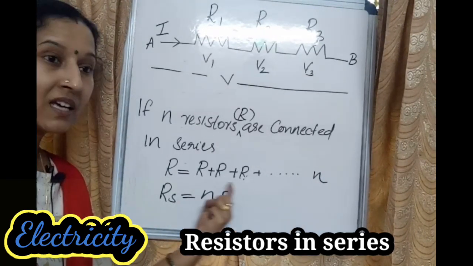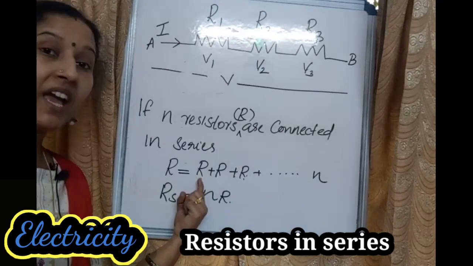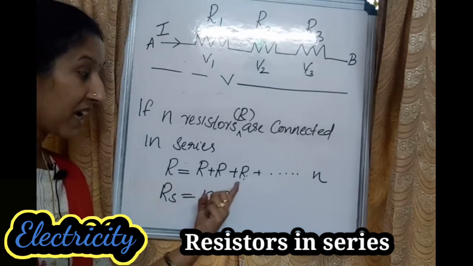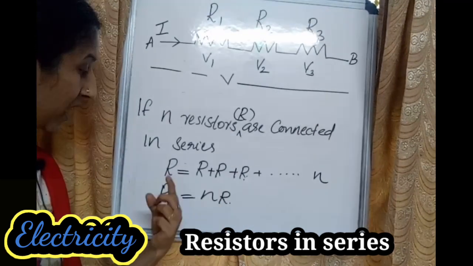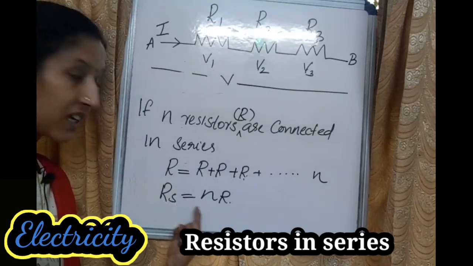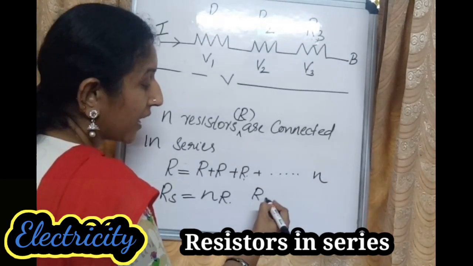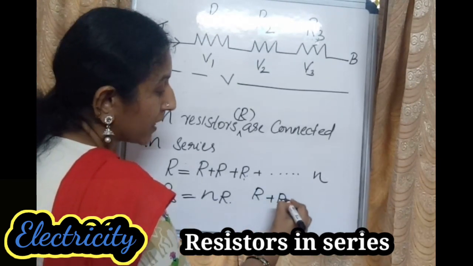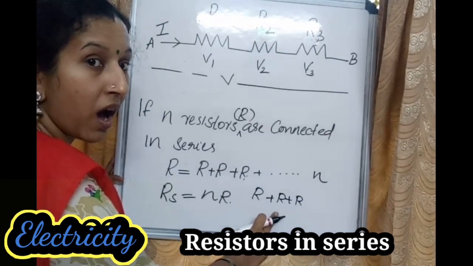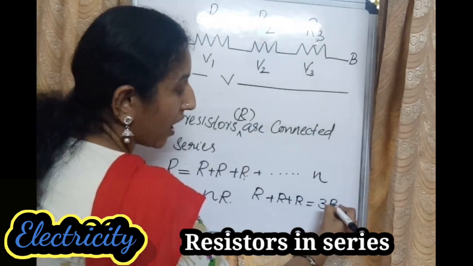This means n resistors are connected in series. So their equivalent resistance R is equal to nR, which means if three resistors of value R are connected in series, the total resistance equal to 3R.